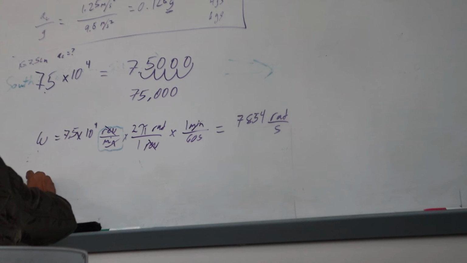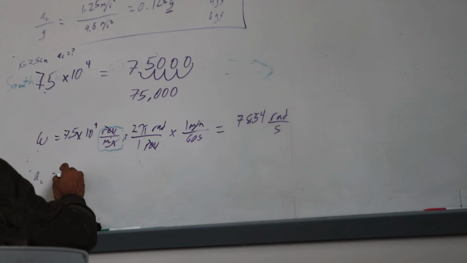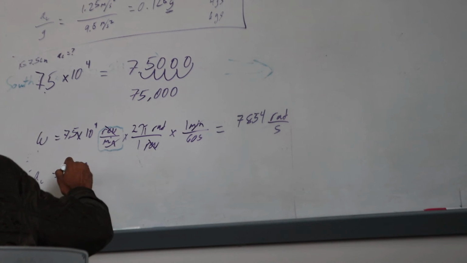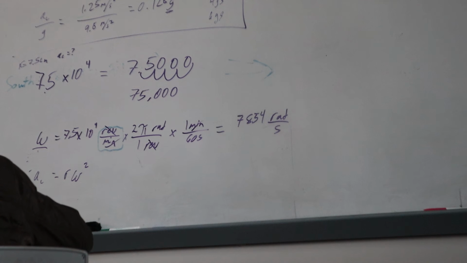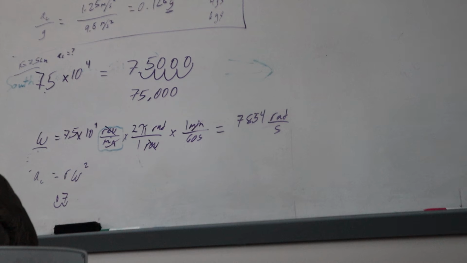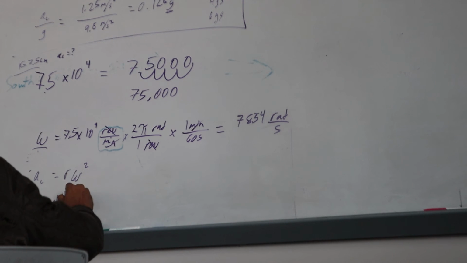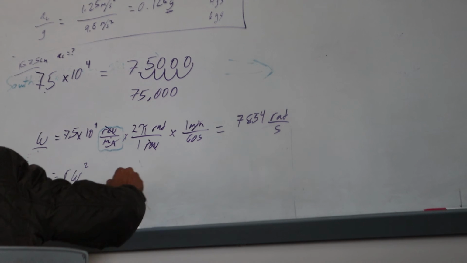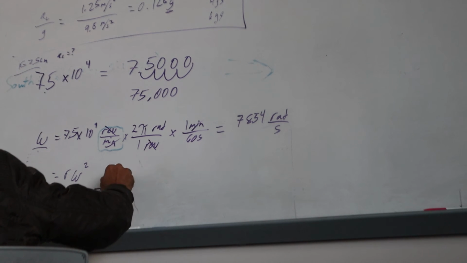Centripetal acceleration is just R omega squared, so we just need omega and the radius. 7.5 centimeters is 0.075 meters, times omega squared, so 78.54 squared.